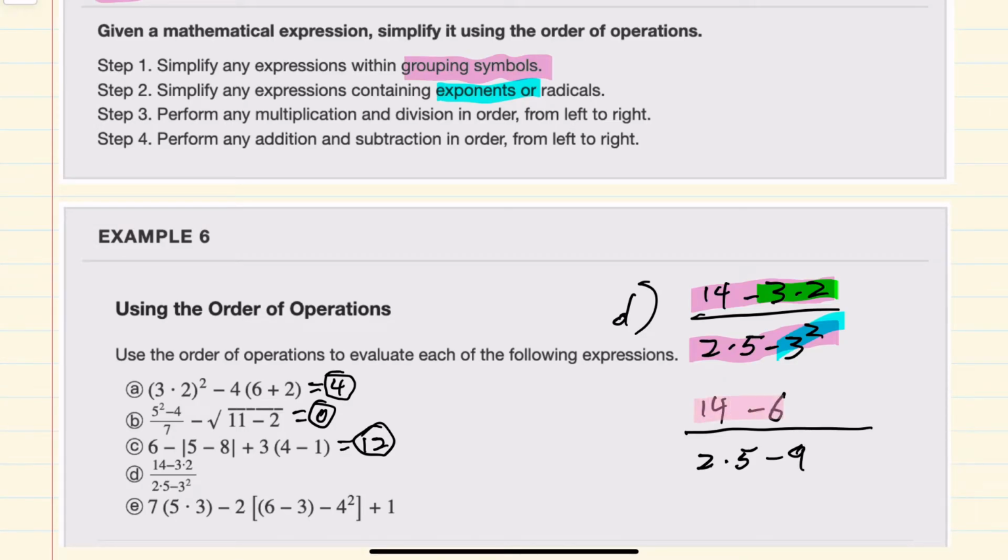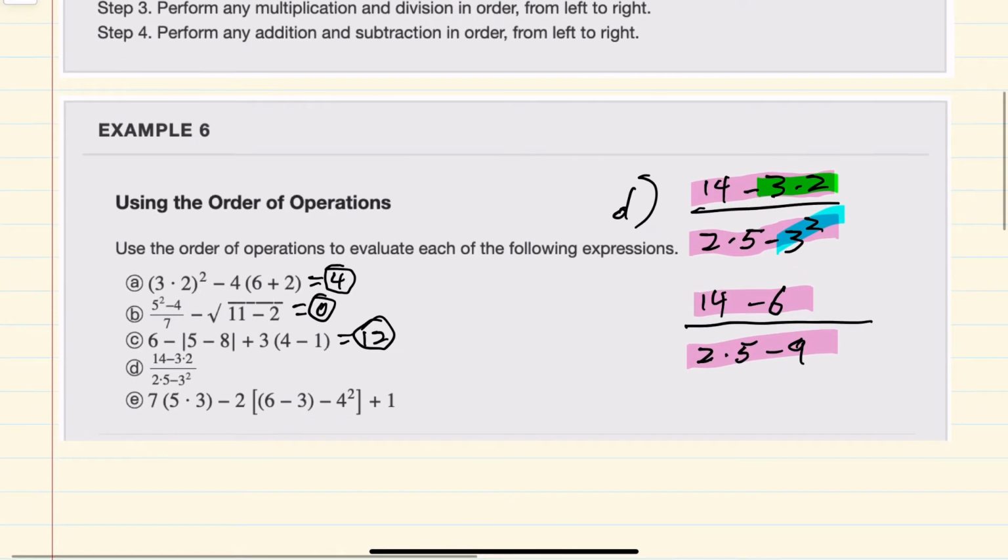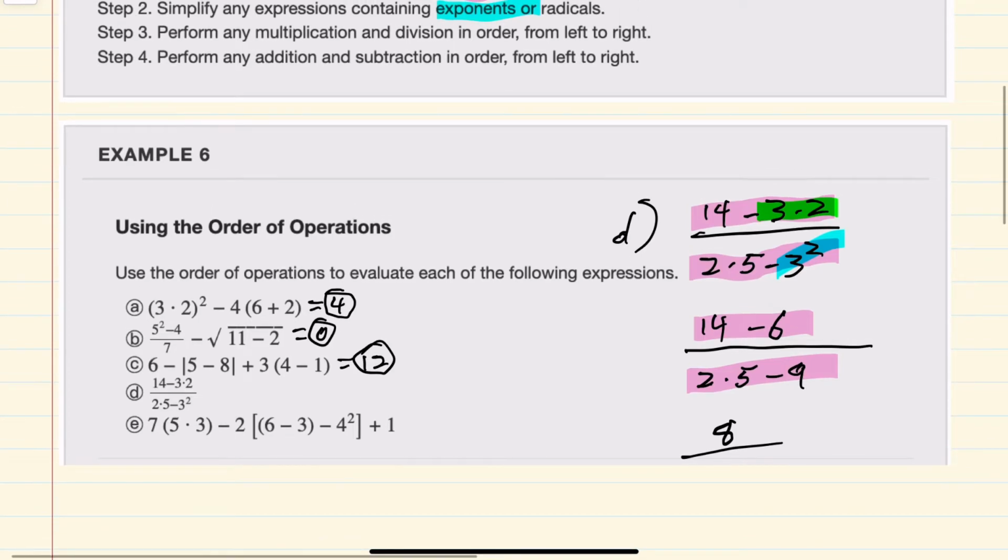Continuing to simplify in the numerator and the denominator. In the numerator, 14 minus 6 is just one operation. So the numerator has simplified to 8. In the denominator, I have both multiplication and division and subtraction. So I would do the multiplication and division first. 2 times 5 is 10 minus the 9.